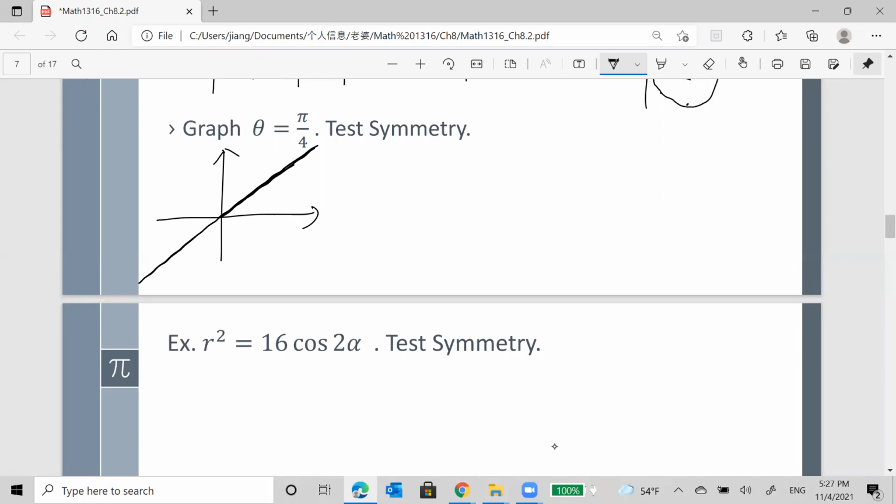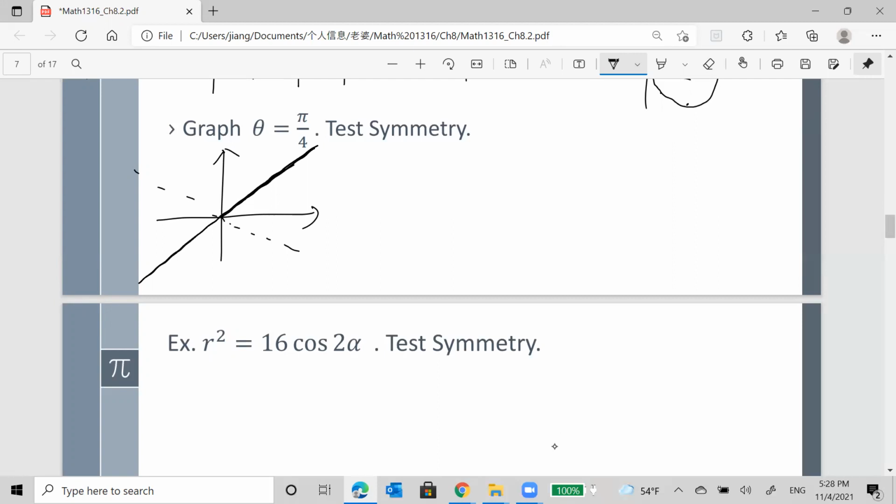And test the symmetry. Do I need to go back to use these 3 tests? I think it's not necessary to use the 3 tests because just from the graph, I know if I just flip this along the polar axis, I get this graph. So you see, this line and this one don't overlap.